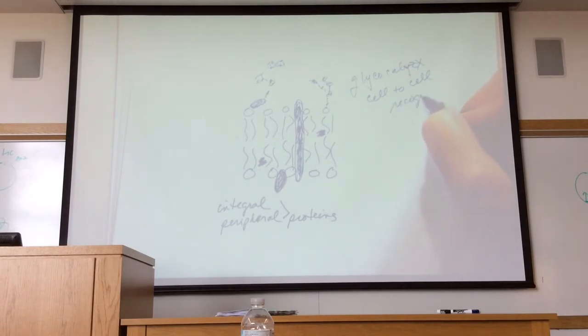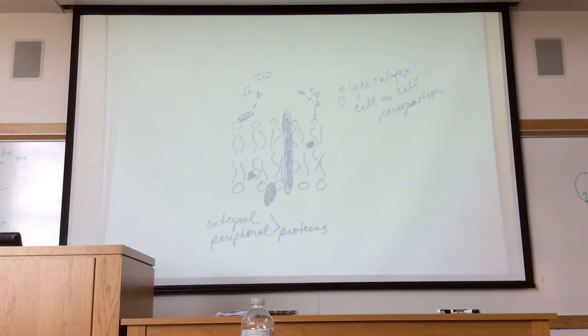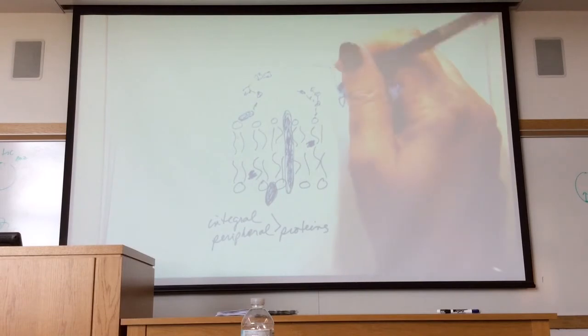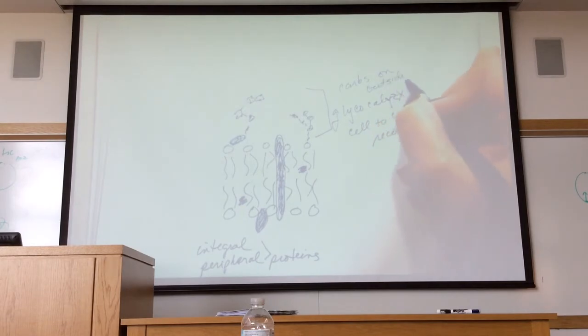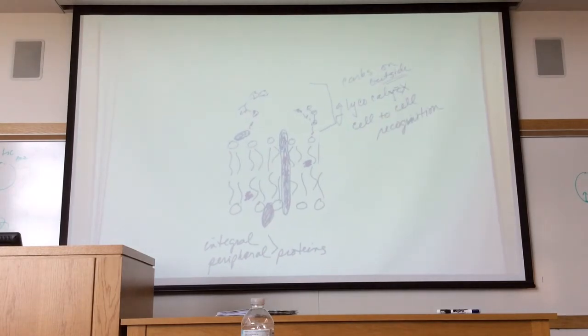It helps us recognize, our bodies recognize one cell from another. All the carbohydrates on the outside of the cell would be the glycocalyx.